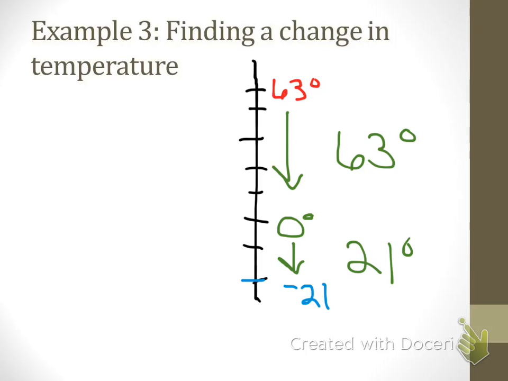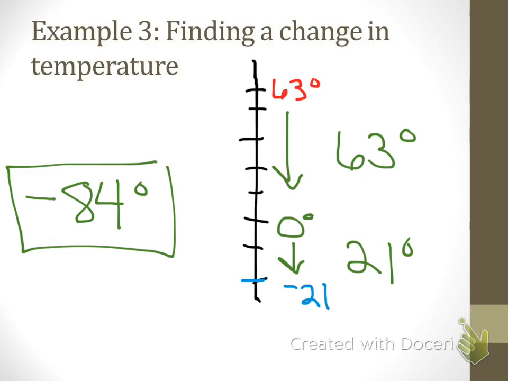You would add them together, but would your answer be positive or negative? Which direction is the temperature going? Is it increasing or decreasing? It's decreasing, so I would say that it decreased by how much? It decreased by 84 degrees. 84 degrees. Do you see that?